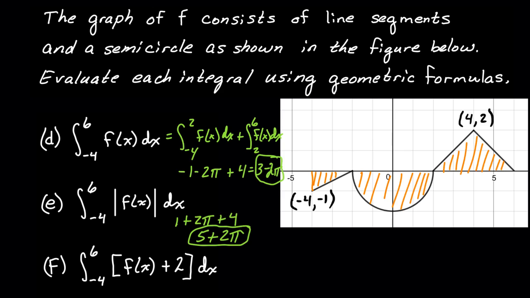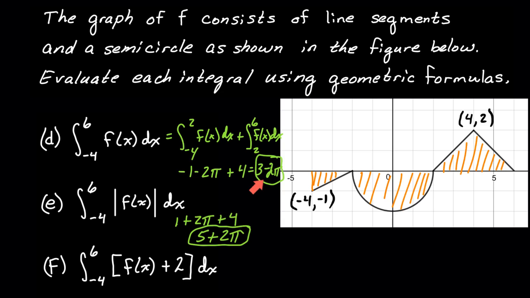All right, so then the next one here is the integral from -4 to 6 of f of x plus 2 dx. You have to be careful on here. The tendency for a lot of people is just to say, oh, the integral from here to here of f of x, well, that was this value here, 3 minus 2 pi. So the tendency is people will just say, let's add 2 to that value.